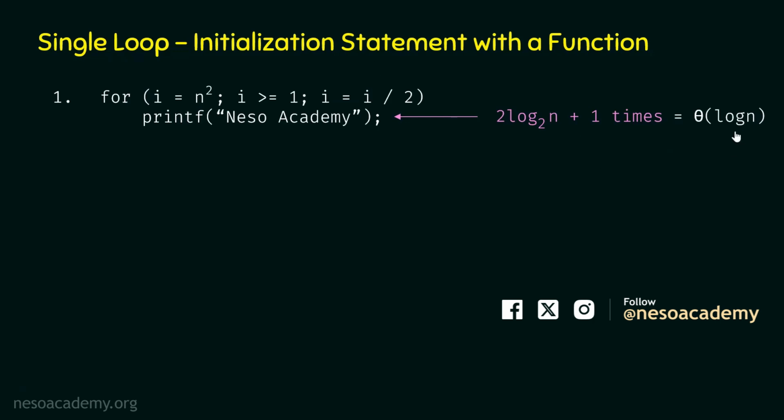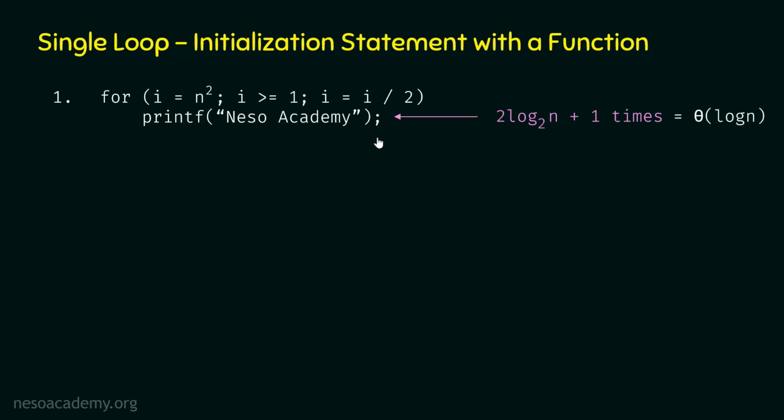This means log n represents both the lower bound and the upper bound of this loop. This is the best case performance of this loop and the worst case performance of this loop. This means this loop must run minimum to minimum log n times. This is the asymptotic value of this for loop. I hope now the concept is clear.